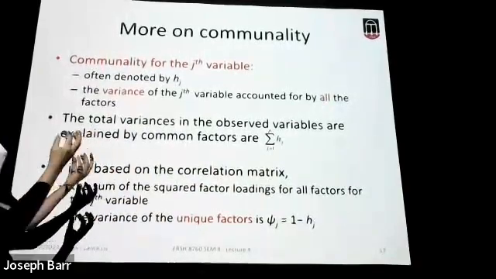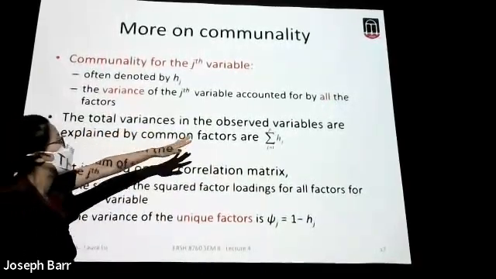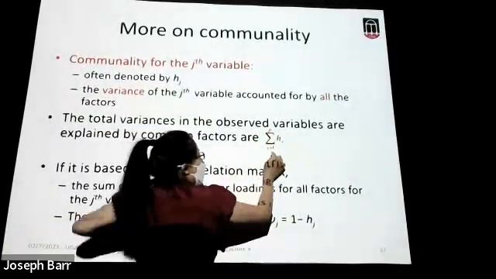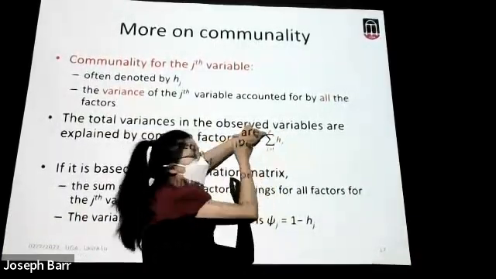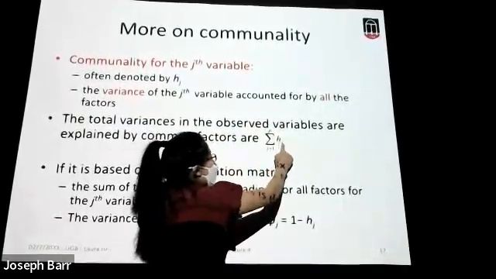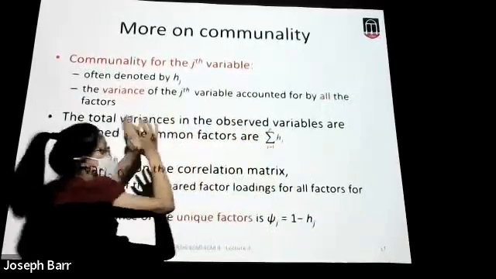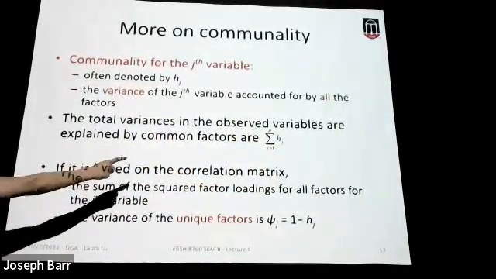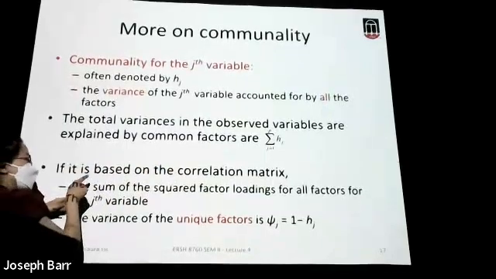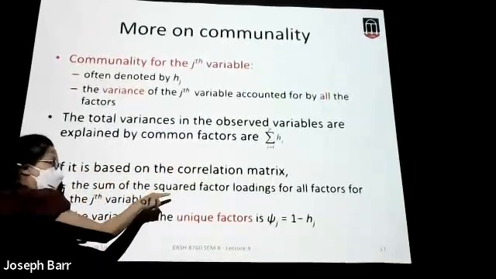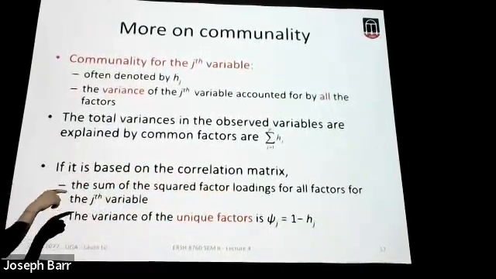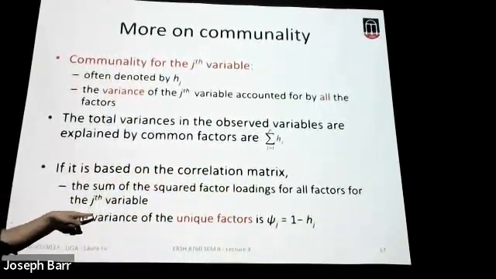After we get each h, the total variance in the observed variables explained by the common factors is the sum. We have p variables. For each variable, we have communality hj. The sum is the total communality. For each variable, hj is calculated as the sum of the squared factor loadings for all factors for the j-th variable.